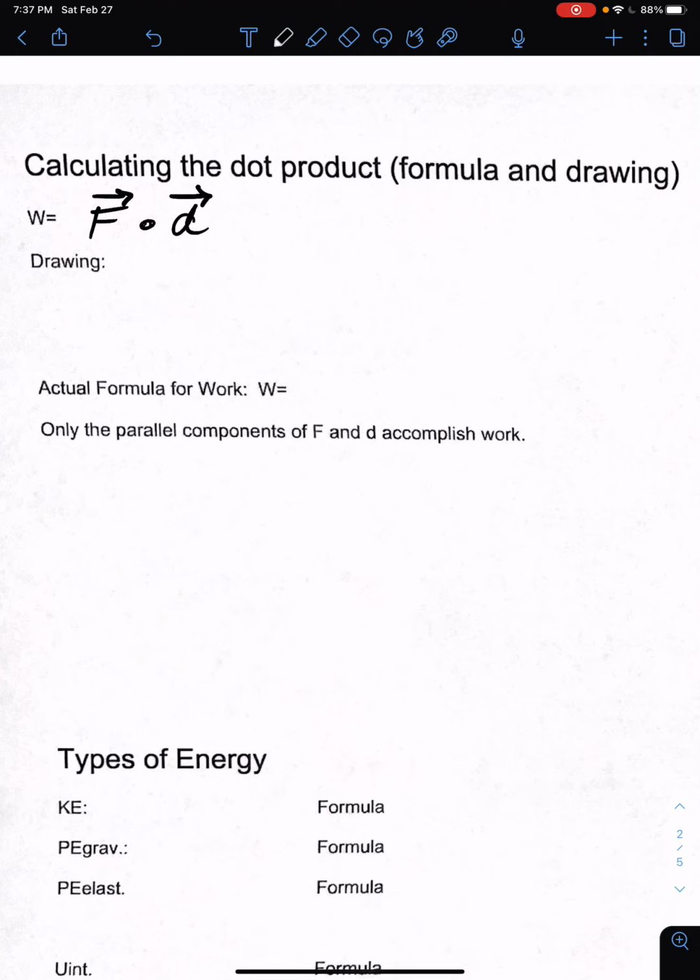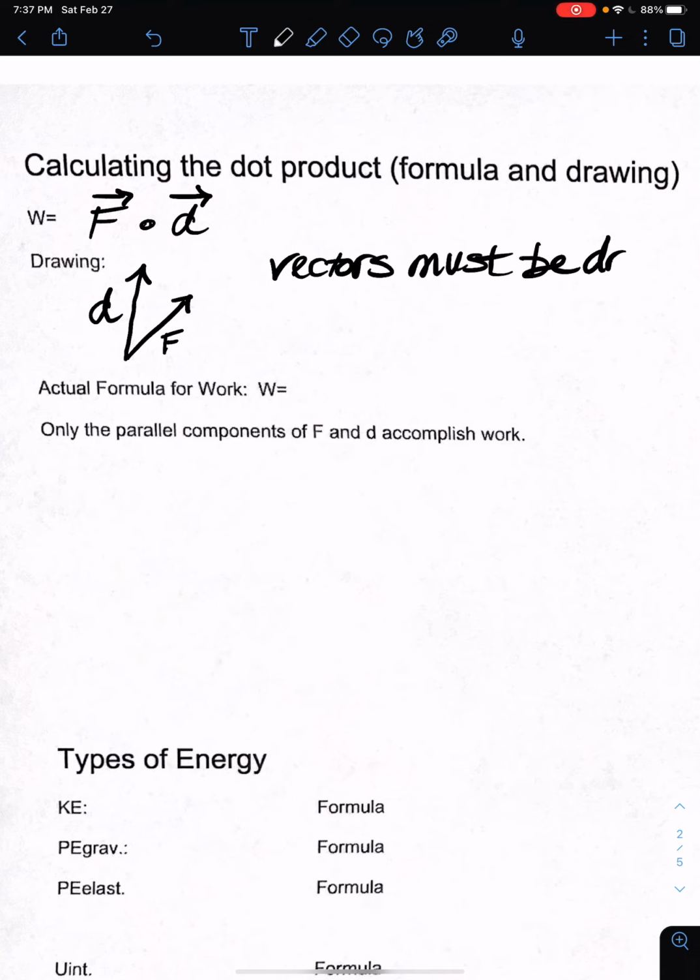And what this is saying is that if you take two vectors and put them tail to tail, let's go ahead and draw this. I think this is an important idea here. So the vectors must be drawn tail to tail.